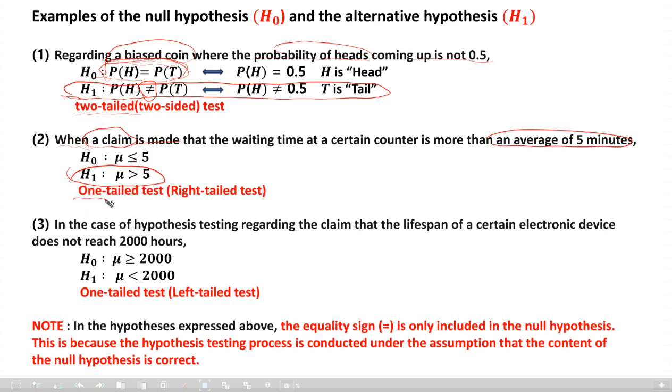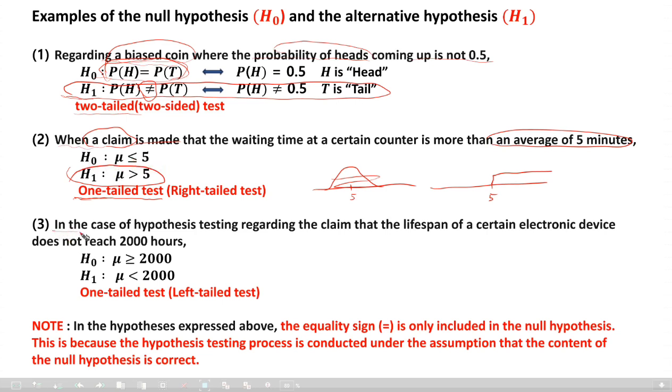We say this type of hypothesis is a one-tailed test, right-tailed test, because we want to know whether mu is greater than 5. H1 is mu greater than 5, and the opposite hypothesis, H0, would be mu less than or equal to 5.